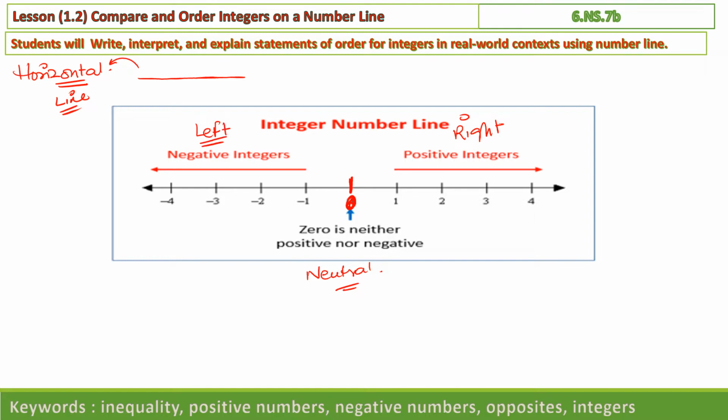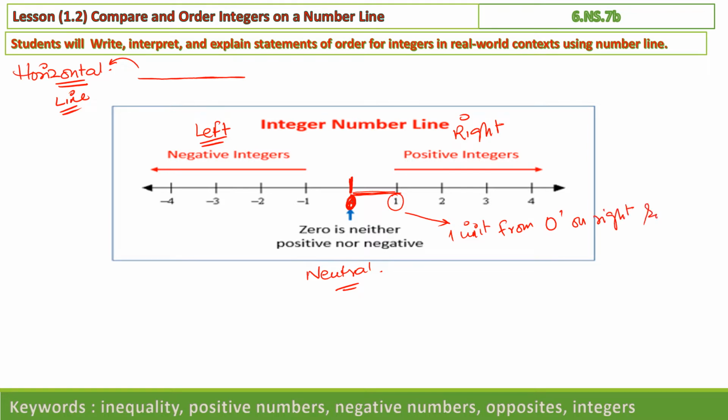But on the number line, suppose for example 1. What is meant by 1? It shows the distance of one unit from the 0. So 1 unit distance from 0, on which side? On the right side.